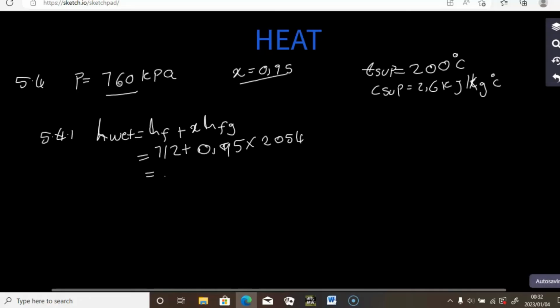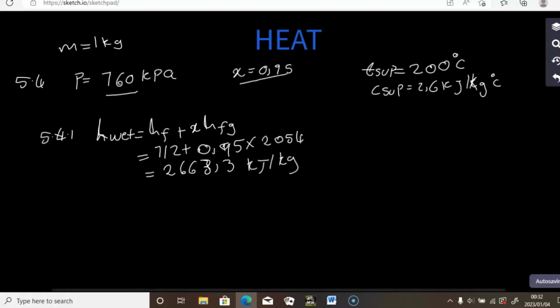And then this, according to my calculator, is equal to 2663 kilojoules per kg, because we are working with a mass of 1 kg. So if it was 2 kg, we would multiply by 2 here, and then it would just be kilojoules.